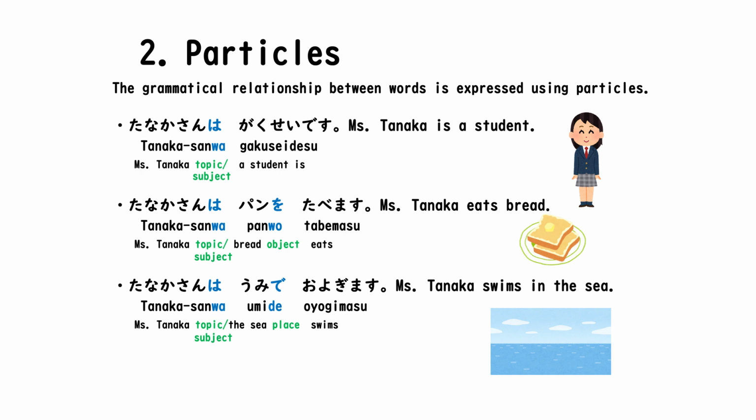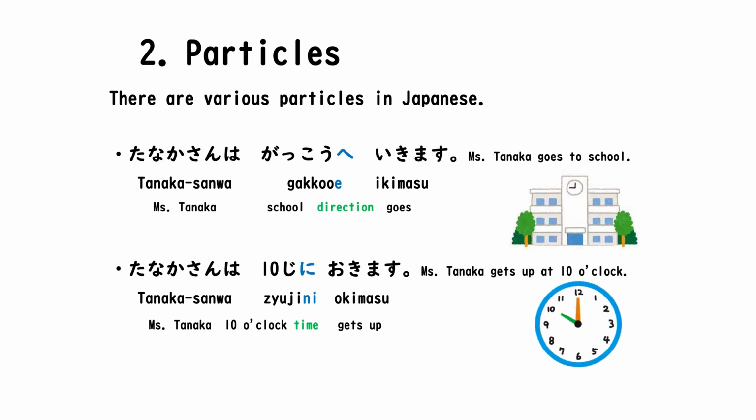This shows that the topic or subject of this sentence is Ms. Tanaka, and that the place where Ms. Tanaka swims is the sea. In this way, Japanese sentences use particles to express the grammatical relationship between words. And there are various particles in Japanese.